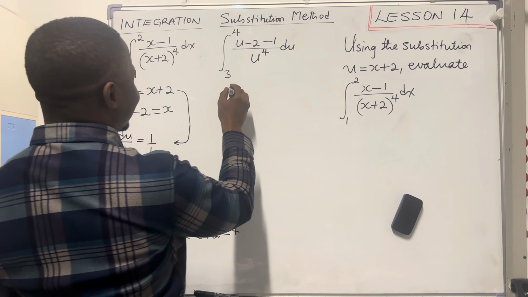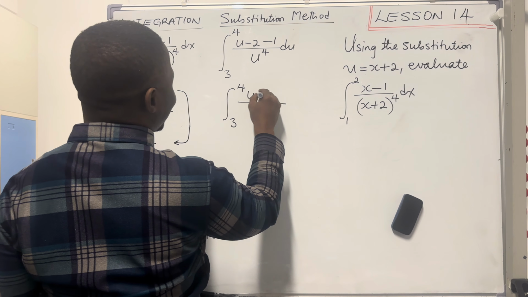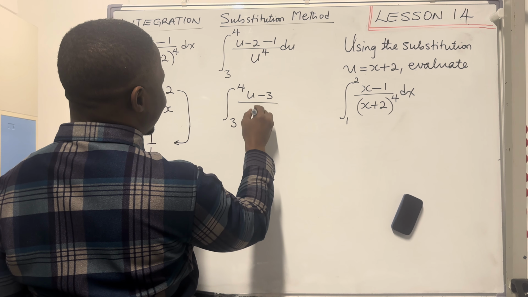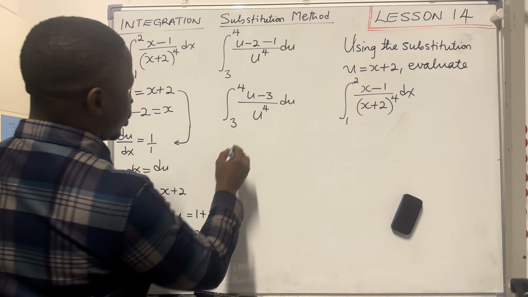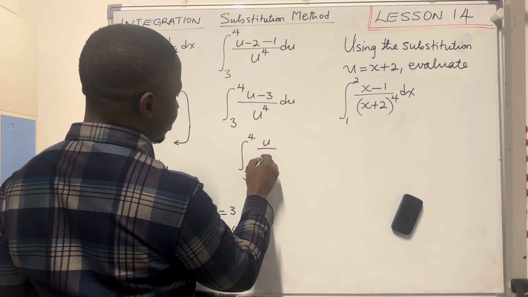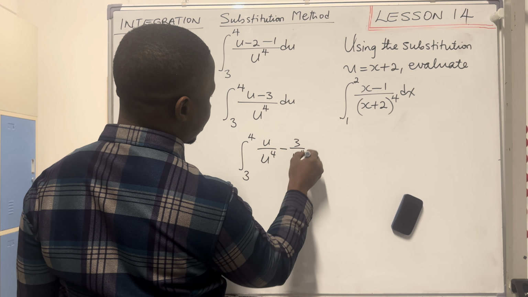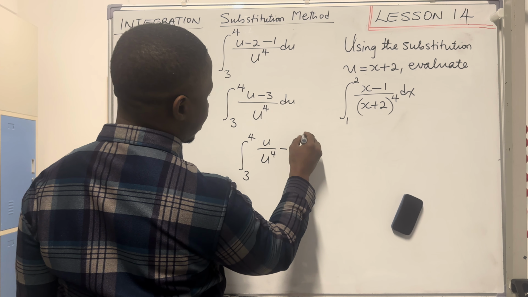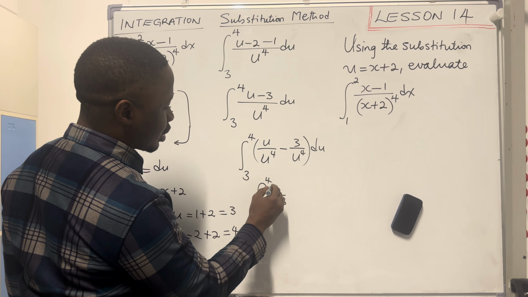Okay, so now we say the integral from 3 to 4 of u minus 3, then u to the power 4 du. So the integral from 3 to 4, this divided by this, divided by this. This u takes away 1 u here, leaving 1 over u to the power 3, minus 3 over u to the power 4.